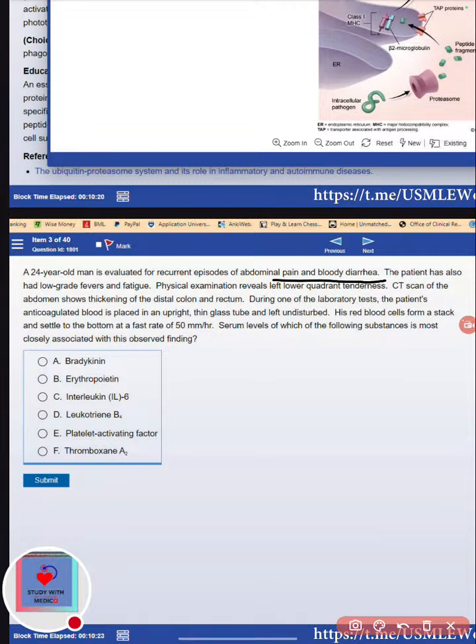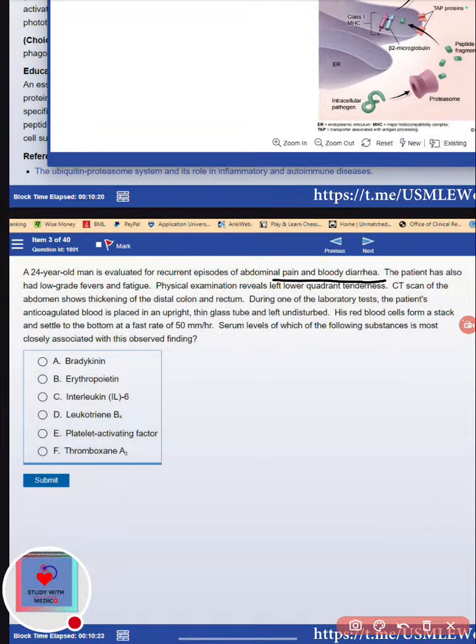During one of the laboratory tests, the patient's anticoagulated blood is placed in an upright thin glass tube and left undisturbed. His red blood cells form a stack and settle to the bottom at a fast rate of 50 mm per hour.